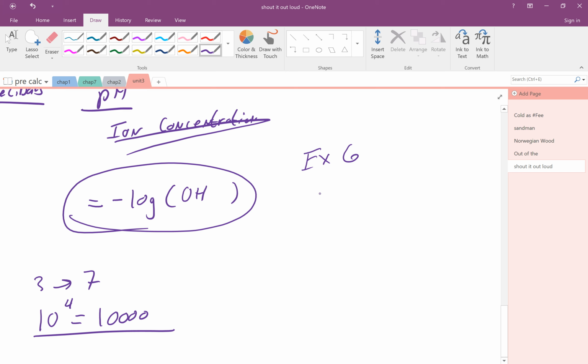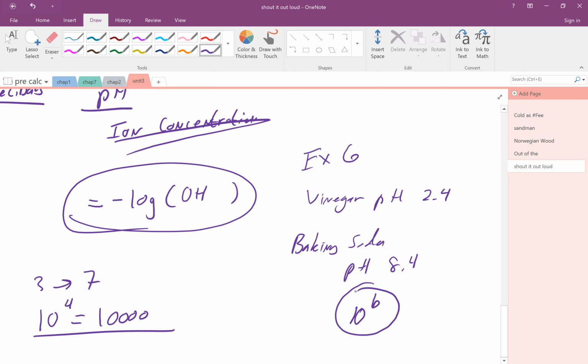If you have some vinegar with a pH of 2.4 and some baking soda with a pH of 8.4, the difference in pH values is 6, but the difference in the hydrogen ion concentration is going to be 10 to the 6th. Because it's tenfold, in other words, 10 to the 6 times more ion concentration.